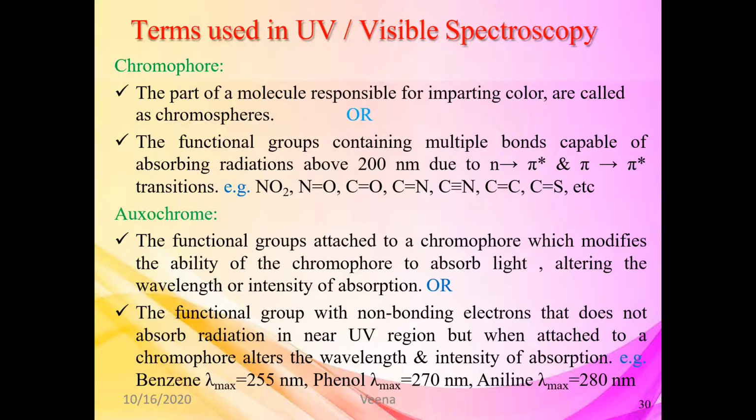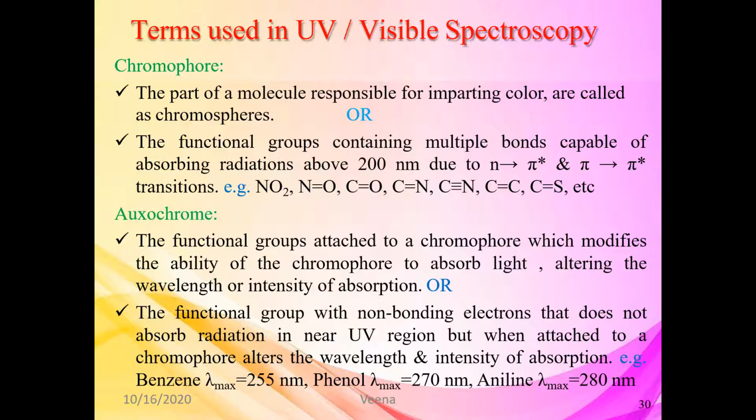What I told you there, chromophore is a group with multiple bonds responsible for imparting the color. So there I explained with reference to the functional group which is responsible for the color of the compound. The same aspect holds good here also, but slightly it has a broader meaning.